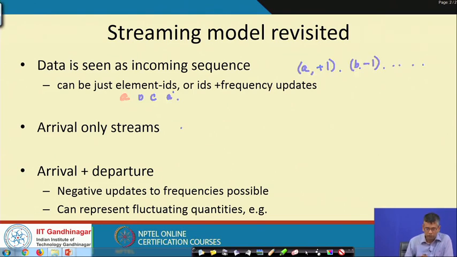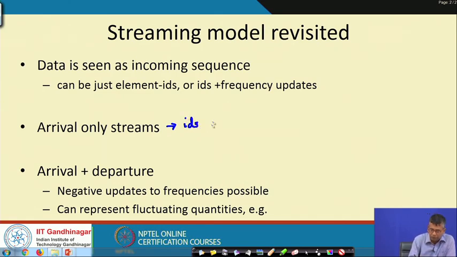There are two types of streams that we typically consider. One is the arrival only stream. What that means is that either you are getting the IDs only, which effectively means that the update frequencies are 1 every time, or if you are getting updates, you are getting positive updates always, or at least non-negative updates.